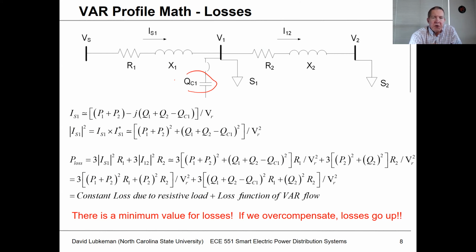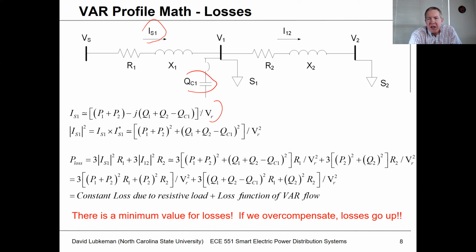If I wanted to estimate this particular current here, IS1, one way I could do that is simply take the complex conjugate of the power and divide that through by a voltage, right? Now I'm going to make an approximation here. This voltage profile is going to be relatively constant, and so I'm just going to divide this through by nominal voltage.